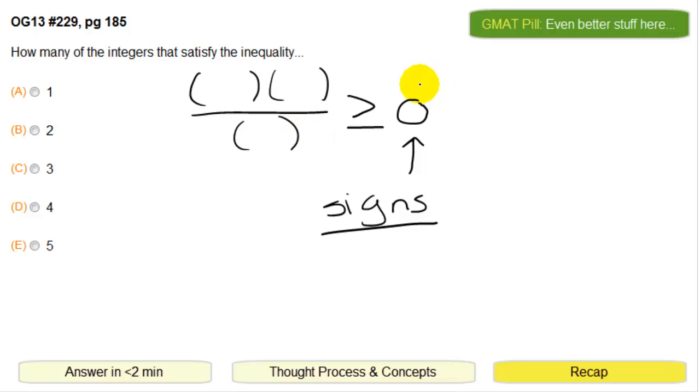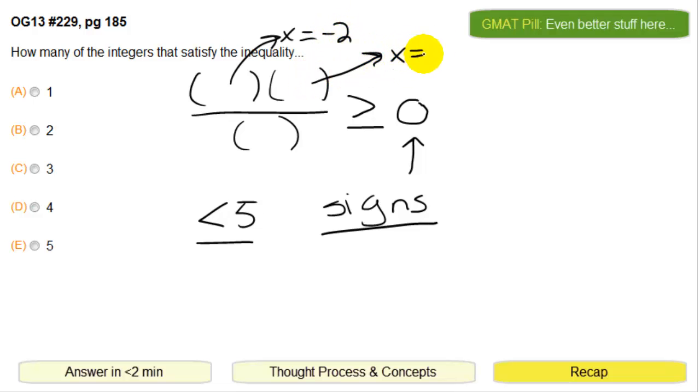And then for the values of x that are good, how many of them are less than 5? This is another requirement that they added in. It turns out this top part allowed us to get the value of x equal to negative 2, and this one gave us the value that x equals minus 3, and we said these are good.